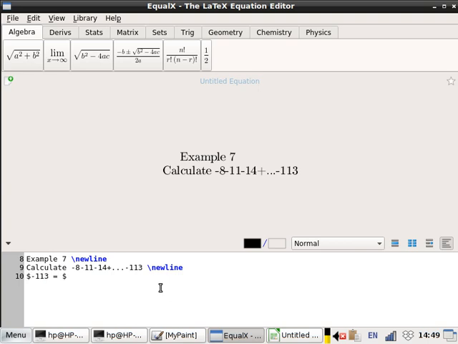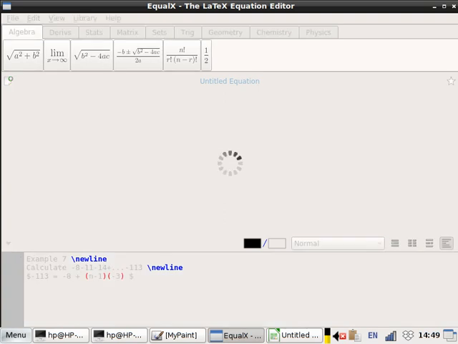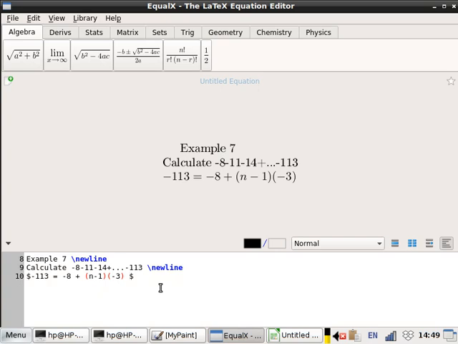Okay, so for this sequence, what is the a? Minus 8. And the d? And I have my final term. So it should be no problem to work out the n. So I want you to calculate the n for me. N is 36, is it? No, sure.